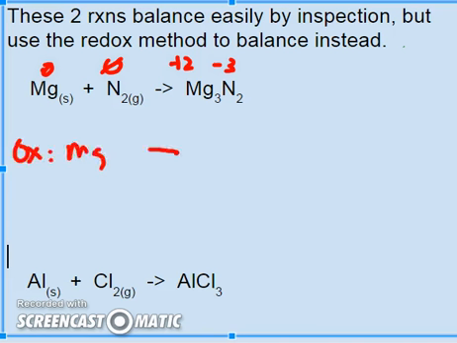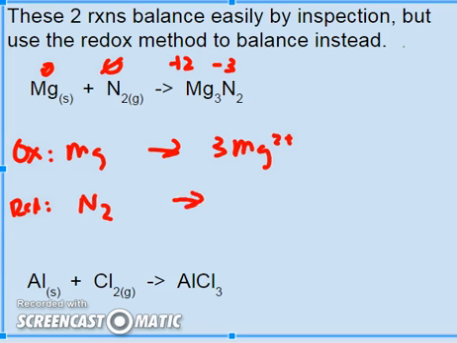So I've got Mg with no charge becoming 3 Mg ions, each with a 2+ charge. And then I have N2 is going to be reduced, and it becomes 2 N ions with a 3- charge each.